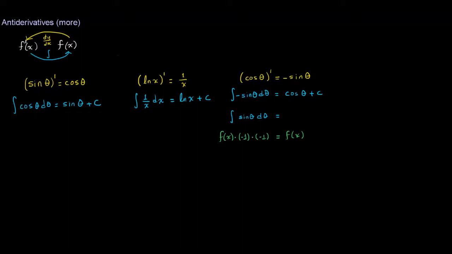So I can put a negative sign outside of the antiderivative. In this case, we know the answer for this antiderivative: it would be cosine of theta, but we have this negative sign outside. So the result will be minus cosine of theta plus c.